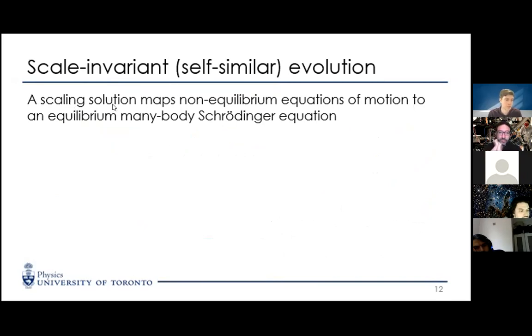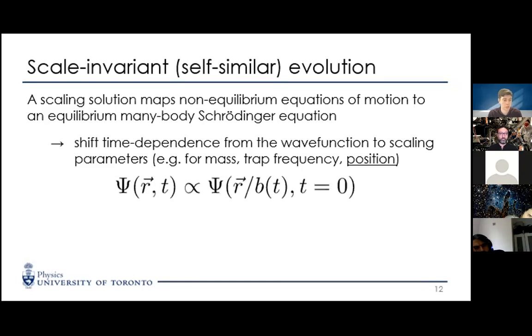And what a scaling solution does is it maps the non-equilibrium equations of motion, so the expanding cloud, to an equilibrium many-body equation. So in other words, it shifts the difficult problem of solving for the time-dependent many-body wave function to solving a time-independent equation, where the Hamiltonian, or that equation of motion, has been scaled by particular scaling factors, which themselves contain the time dependence.